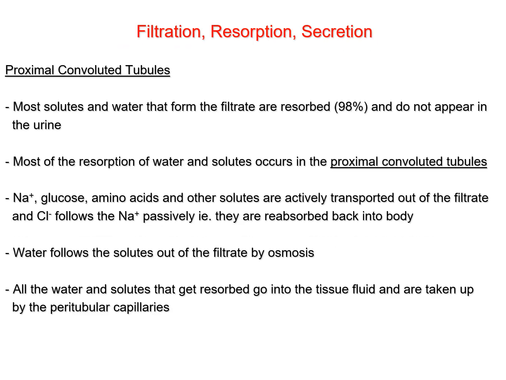Now, in humans, the proximal convoluted tubule is where 98% of the filtrate that's originally formed gets reabsorbed, at least in terms of many of the solutes that are in it and much of the water.